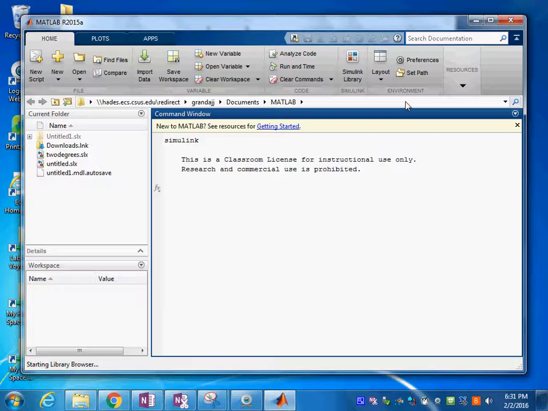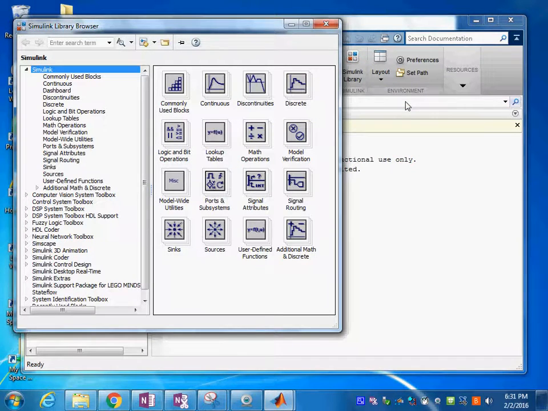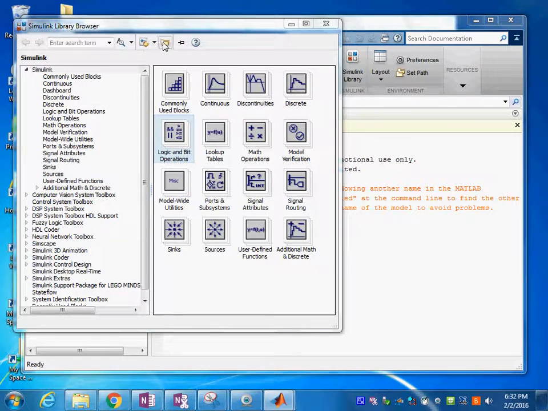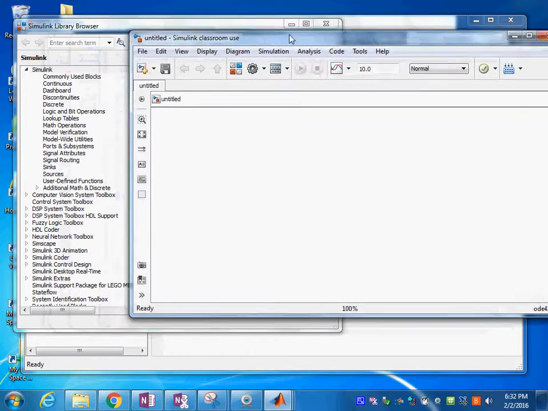What I need is to get the prompt on the MATLAB, and I have to get the Simulink. There you go. Once you're here, you get the new file, and then it opens a window.